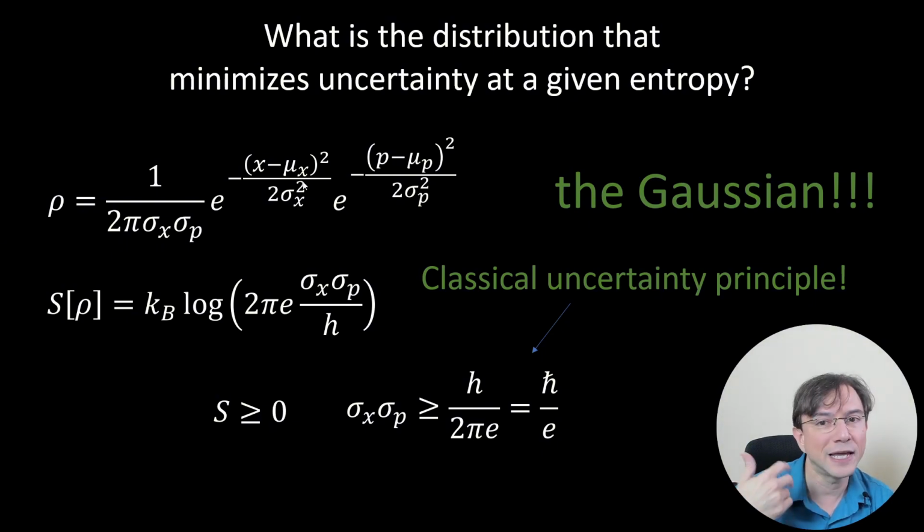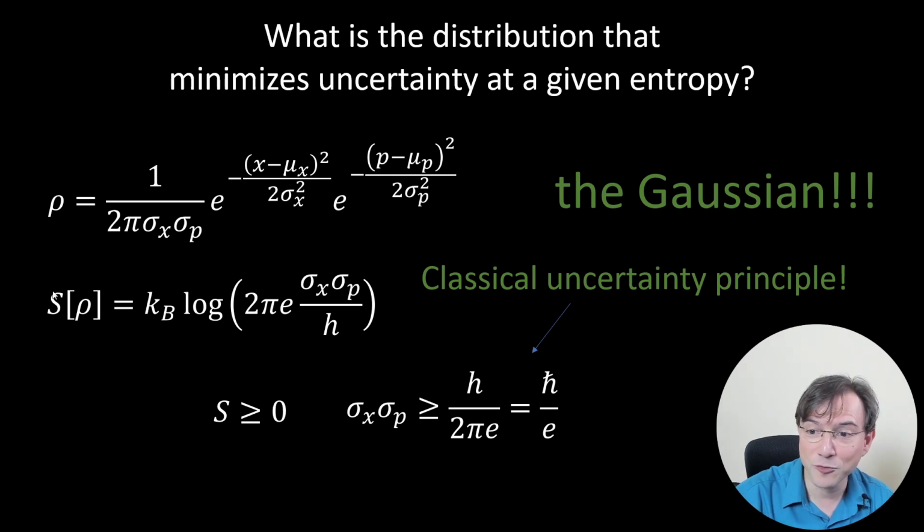And if we calculate the entropy, as we did before, we find that the entropy for a Gaussian depends on the standard deviation of position and momentum in the following way. It's going to be k_B logarithm of 2πe σ_x σ_p over h. And now we want this entropy to be greater or equal to 0.